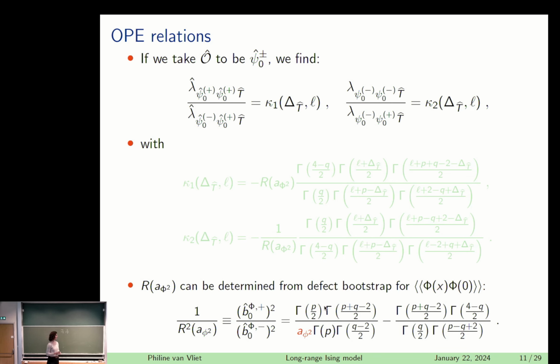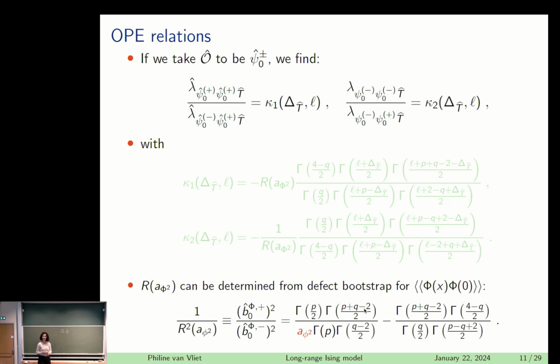This can be done from the defect bootstrap, looking at a 2-point function of two free fields in the bulk. I will not show you how that is done, but this is the relation that you eventually get. So we now have formulas that allow us to relate the OPE coefficients of operators on the defect with the conformal dimension of these operators and the 1-point function of a bulk field phi squared.